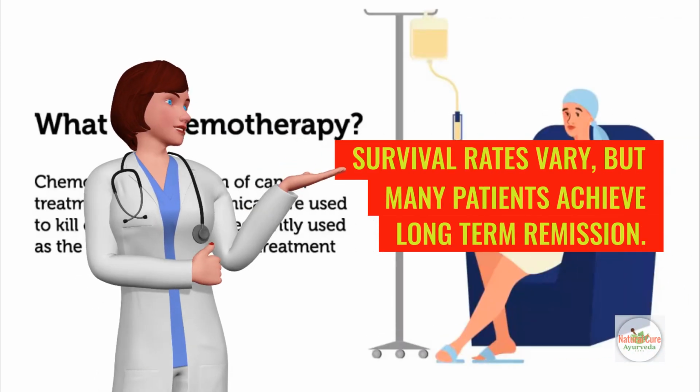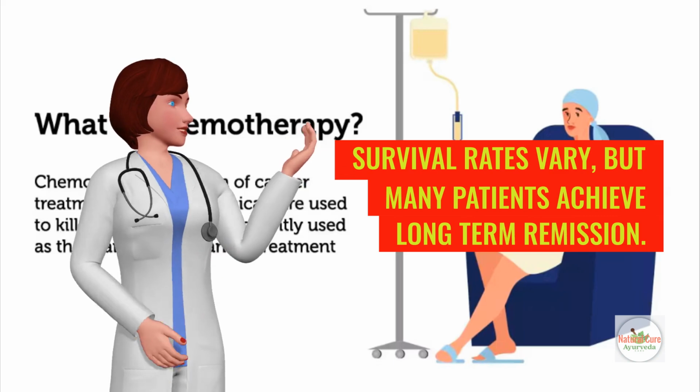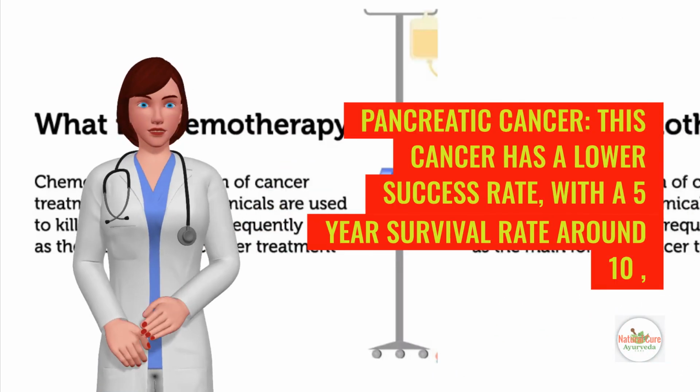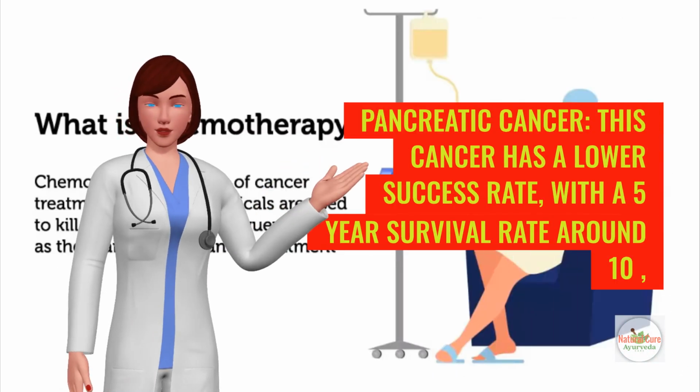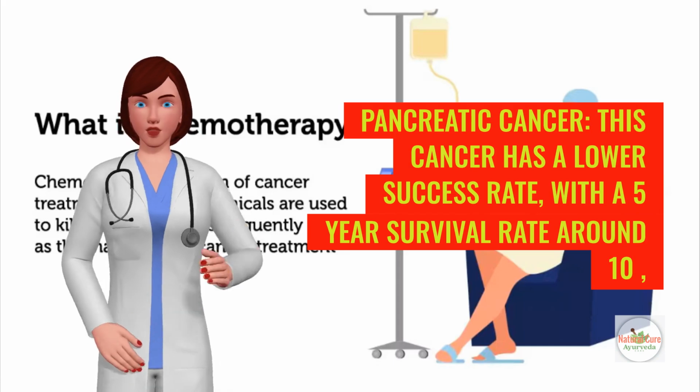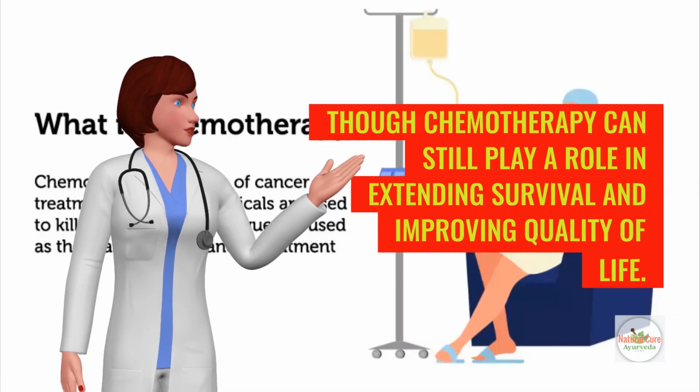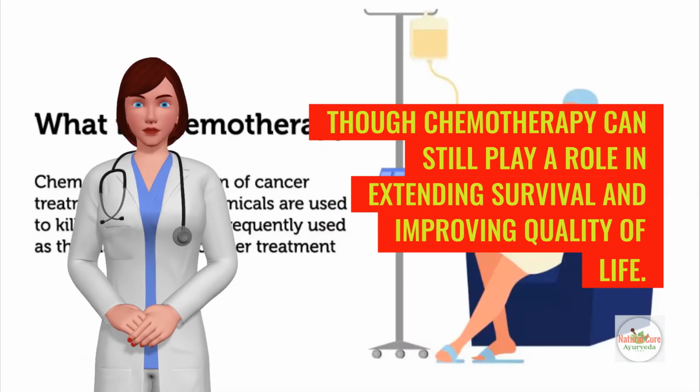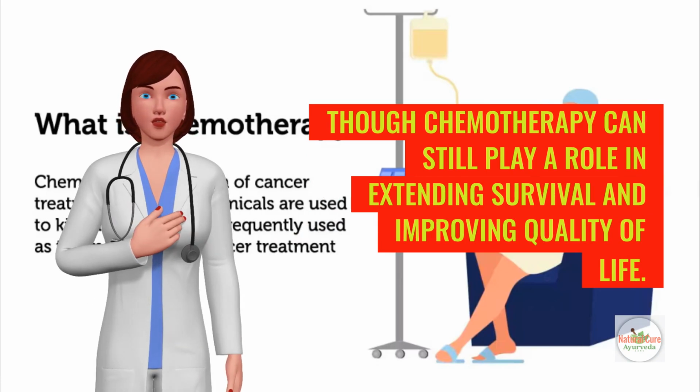Survival rates vary, but many patients achieve long-term remission. Pancreatic cancer. This cancer has a lower success rate, with a 5-year survival rate around 10%, though chemotherapy can still play a role in extending survival and improving quality of life.